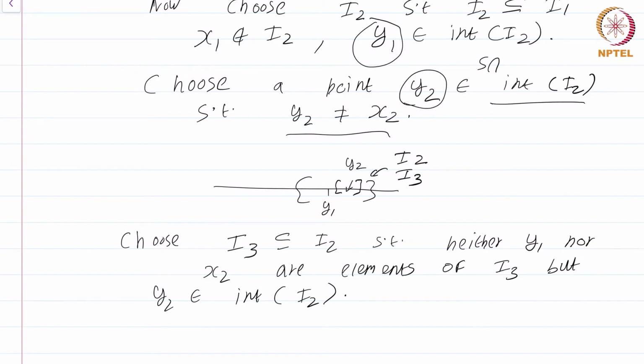Note, this is why I required y2 not to be equal to x2. If y2 happened to be equal to x2, I cannot do this. There is no way to do this.